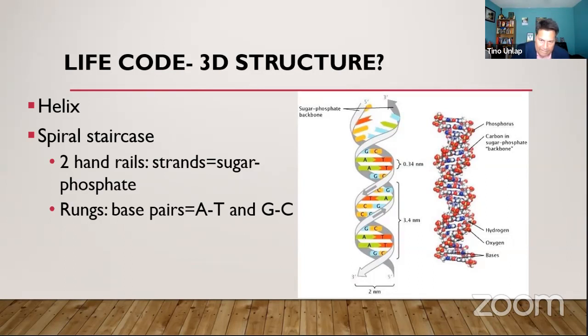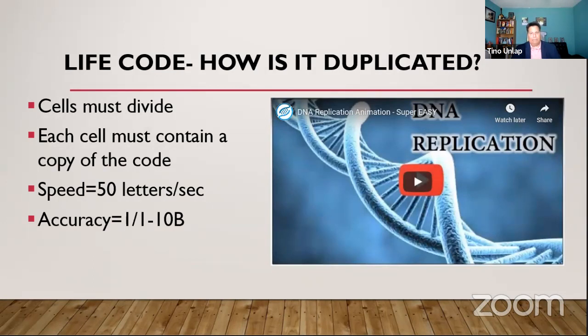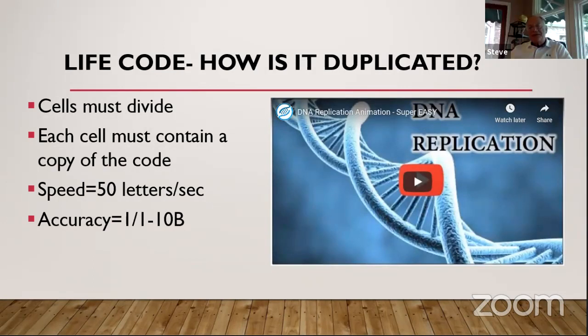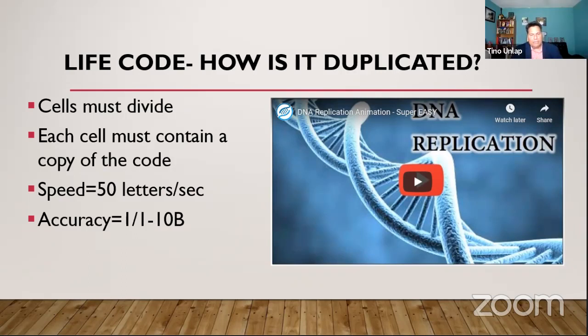Okay. Next question, Steve. How is this duplicated? All right. So as we said, the creator put within each cell of every organism this code. Now, we understand that our cells are made, they grow, they do their function, and they die off.